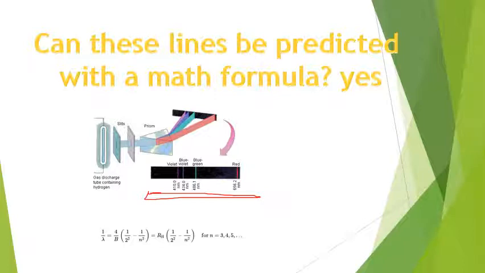So this is looking at the spectrum of hydrogen, and what they were wondering is, can we predict where these lines are? And so one of the mathematicians at the time, by the way, you could do different spectrums, and this was done by a guy named Balmer, came up with this spectrum right here.